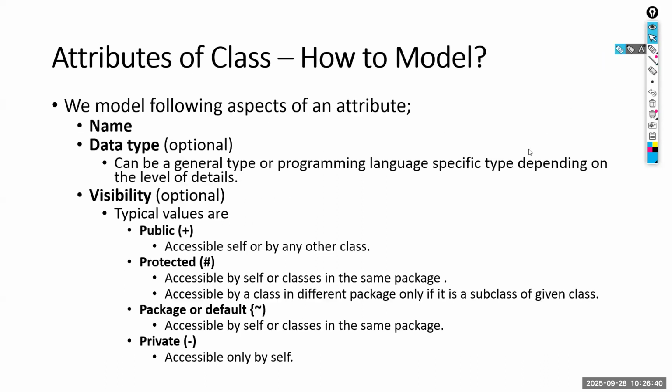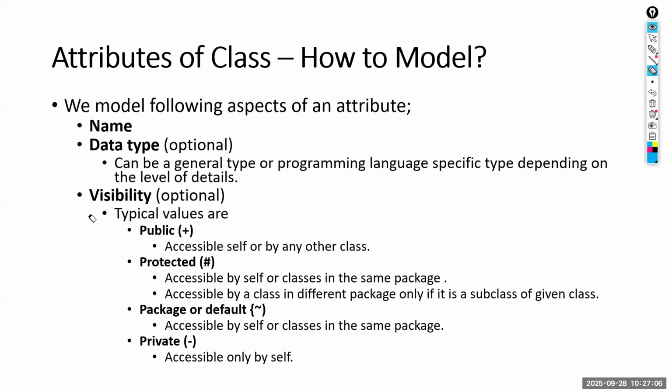Okay. So then when it comes to attributes, again, it must be a noun, right? Something like balance, account number. Again, it must be a noun. Okay. And make it very specific and short.